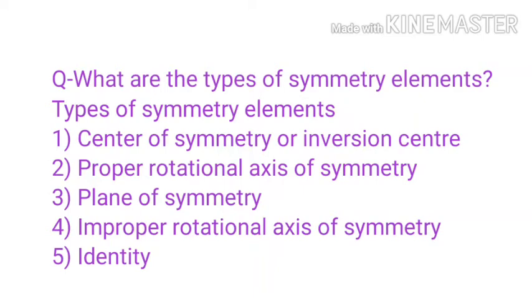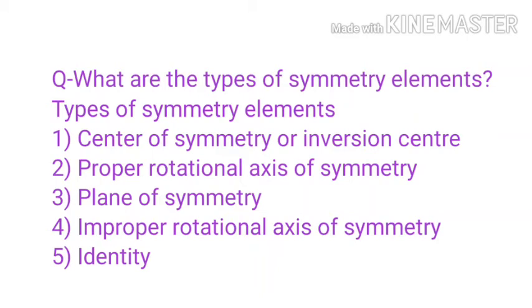And fifth, identity. In the center of symmetry, we have considered a center. We put a center over the molecule and travel from the center to another point, and with the same distance but in the opposite direction, we travel to the dot once again, and we found the same point met before, and hence that molecule possesses a center of symmetry or inversion center.